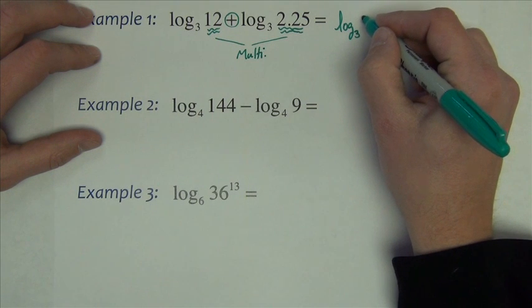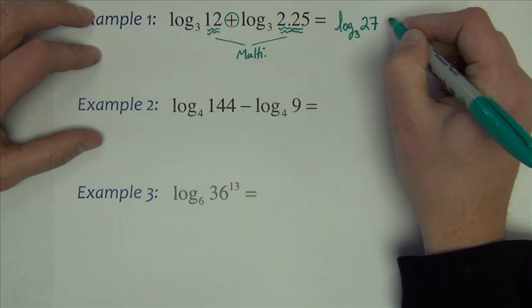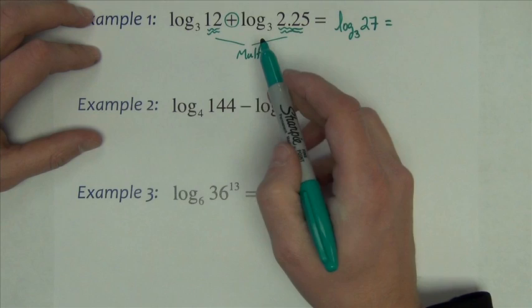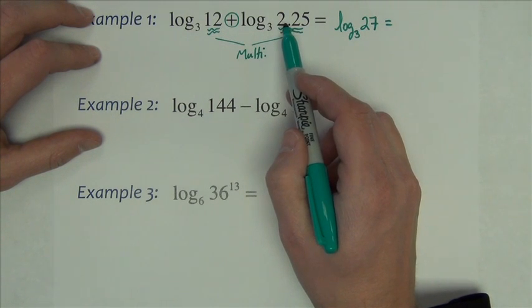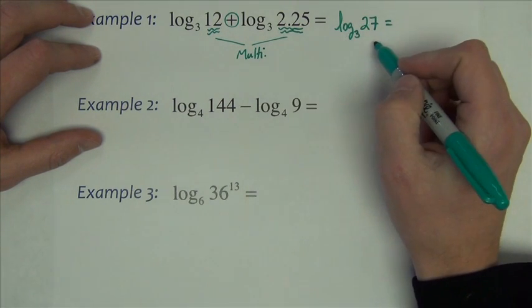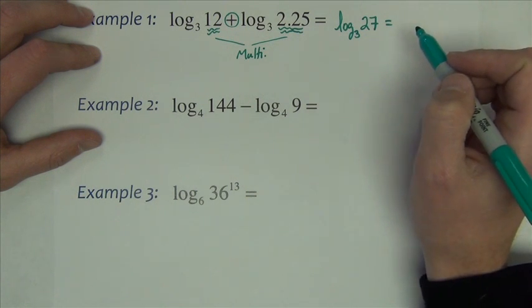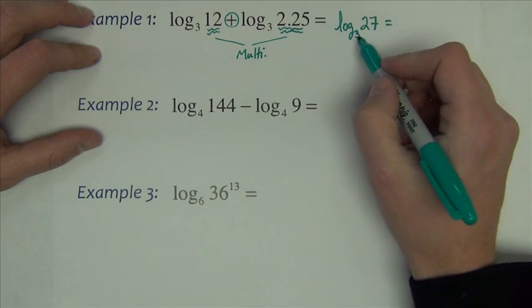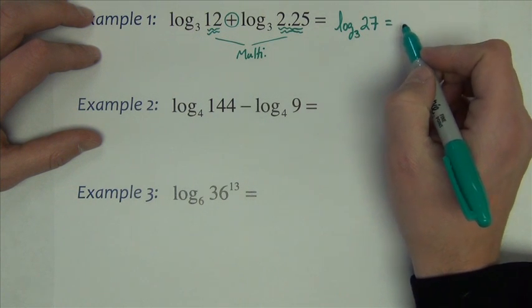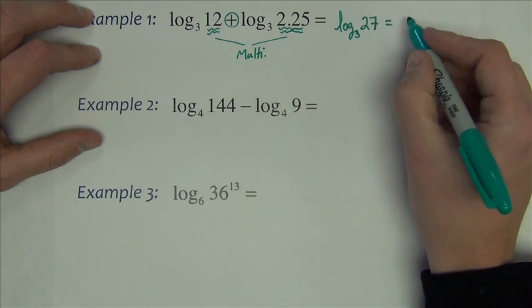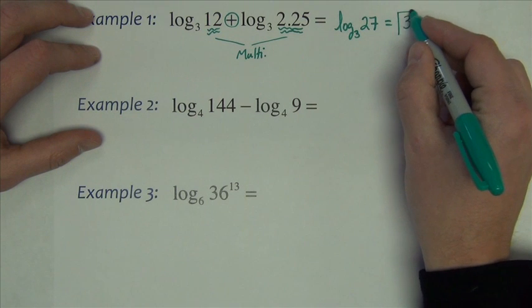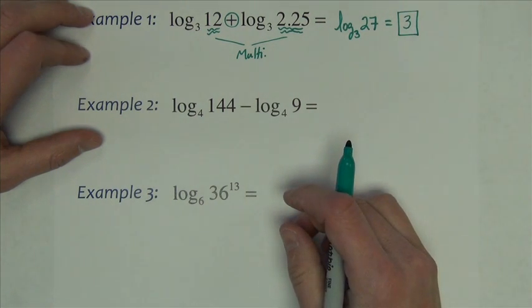So that becomes log base 3 of 27. 27 is 12 times 2.25. And now, once we're here, we can evaluate this logarithm by thinking of it as a power, as an exponent. This means 3 raised to what power is equal to 27?